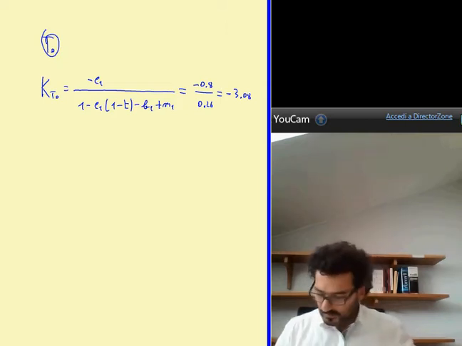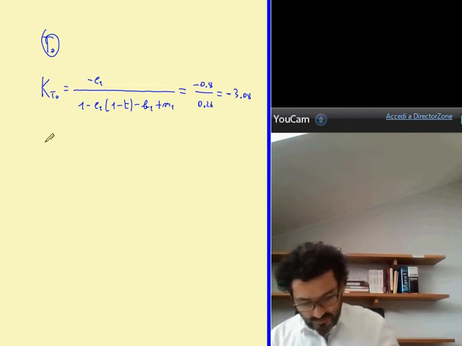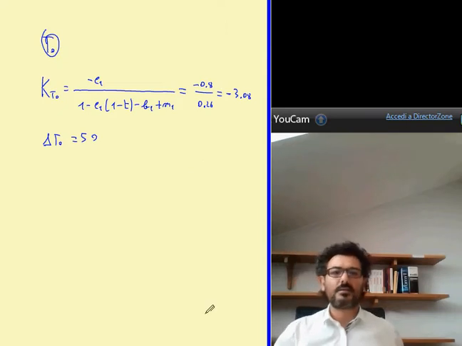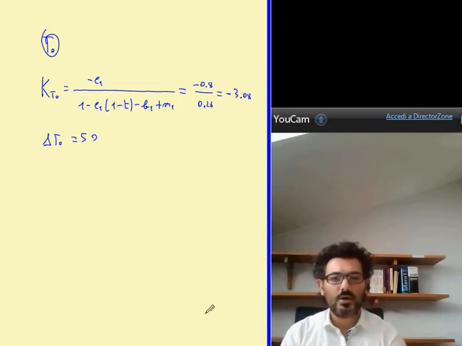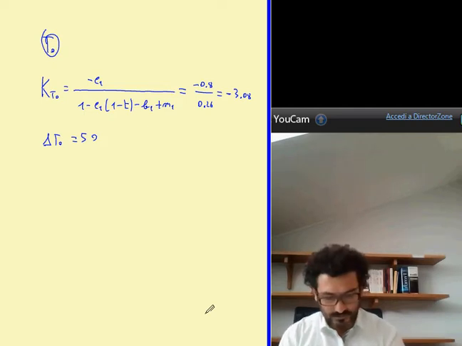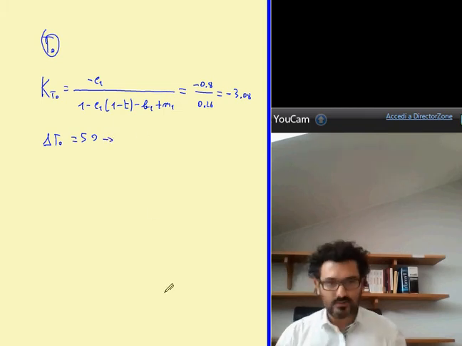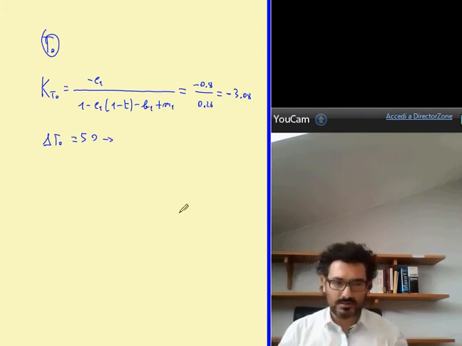€3.08. For example, suppose that we have a change in T0 equal to 50. What is the effect on the equilibrium GDP? This implies that a positive change is an increase.